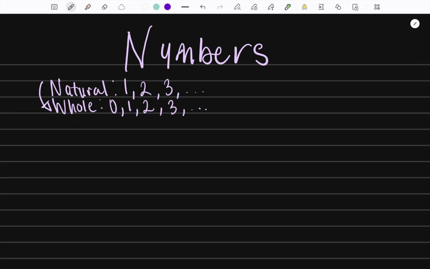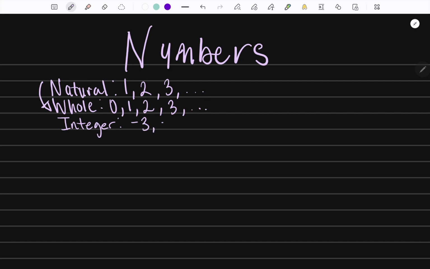Now, with whole numbers, we then have another category of numbers, which is integers. So integers include whole numbers, where it has 0, 1, 2, 3, but integers also have negative numbers.